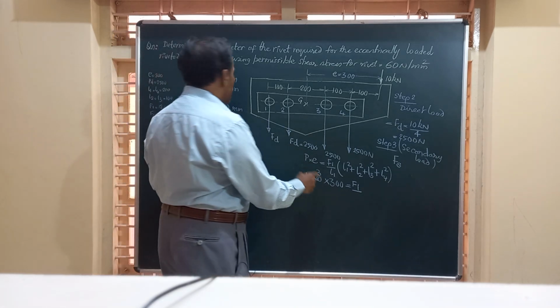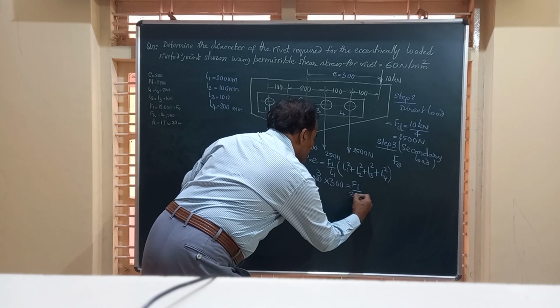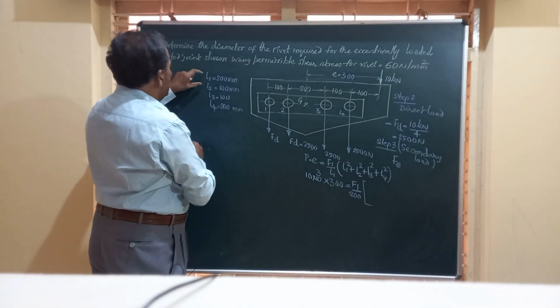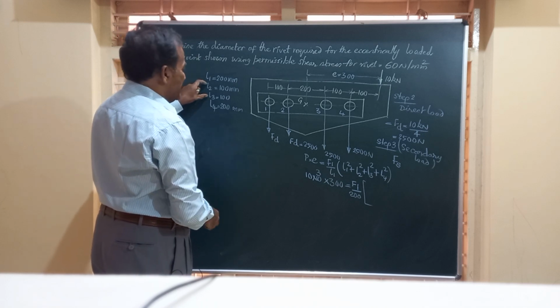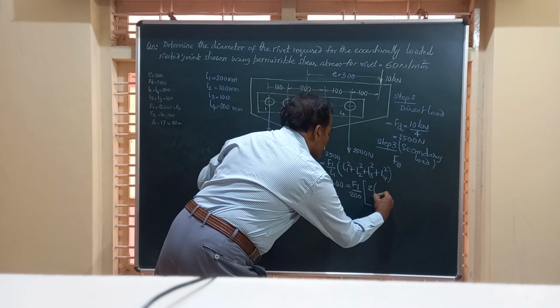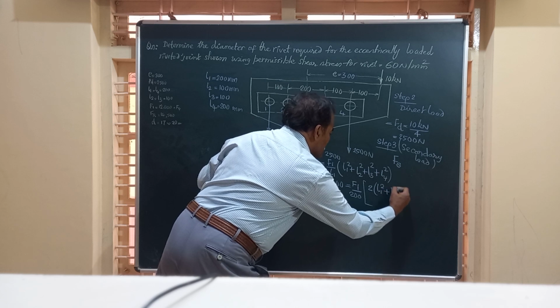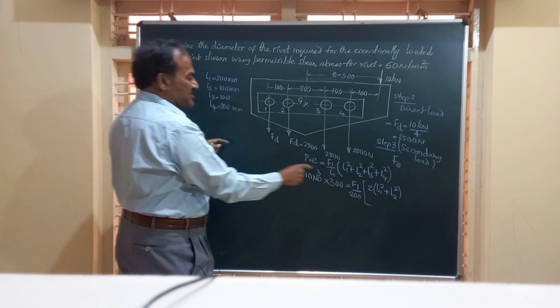Here I will substitute L1 equal to 200. Inside the bracket, you can see L1 is equal to L4, and L2 is equal to L3. So we can write this as 2 times L1 square plus 2 times L2 square, where L1 is 200 and L2 is 100.